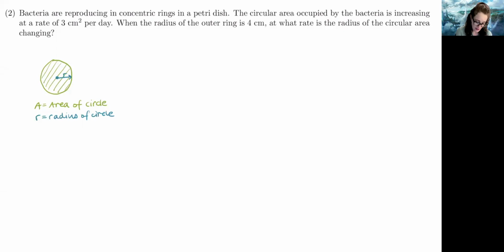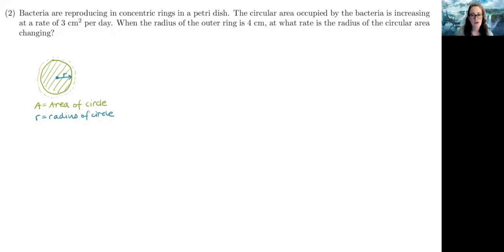We just know that every day the area is changing at a rate of 3 square centimeters. So it's gaining 3 square centimeters every day. So by the time the radius is this big, there's a lot of area going around the sides here. So the next day, maybe the radius is out there.